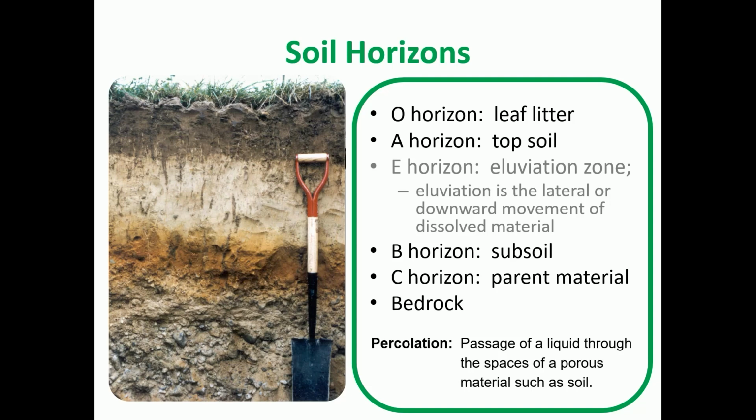The B and C horizons are called the subsoil and parent material, and they contain most of the inorganic material of any kind of soil, which is carried down through the alluviation zone through water. And this contains a lot more just particles of, say, sand and silt and clay, and not a lot of organic matter. There's not going to be any organic matter all the way down here.